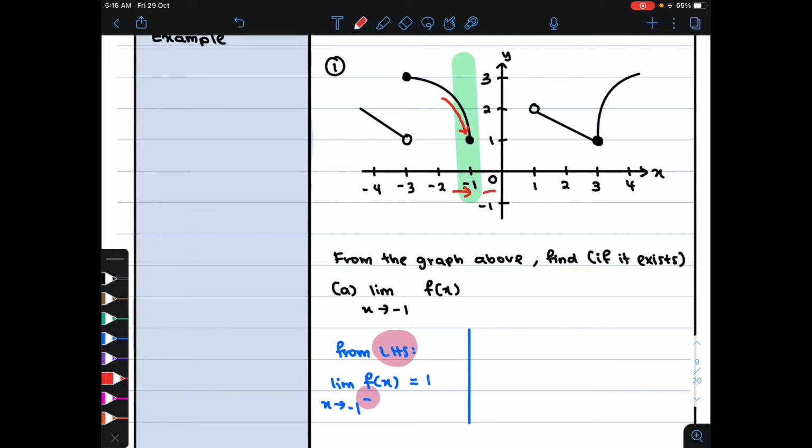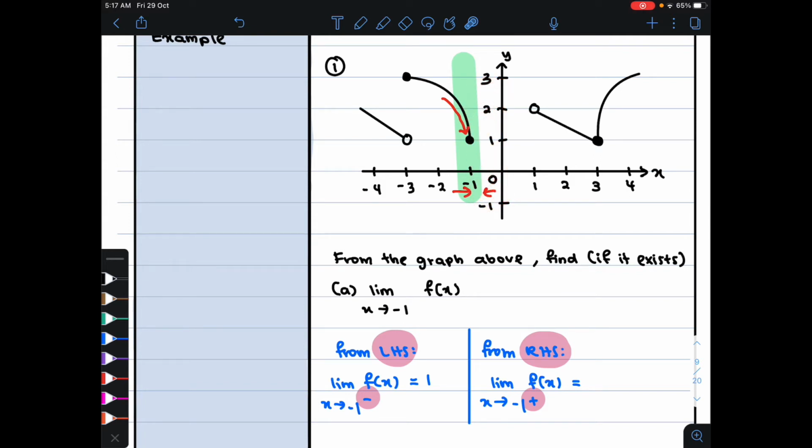Now let's do the same from the right hand side. So write down the limit of f(x) as x approaching -1⁺. This is plus because we are approaching from the right hand side. So let's look at the right hand side of x equal to -1. There is no graph here.